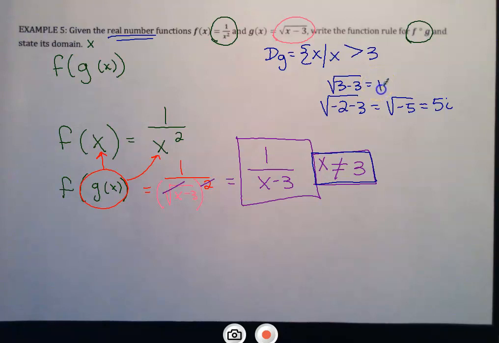Okay, so 3 minus 3 here is 0. What's the square root of 0? The square root of 0 is 0?